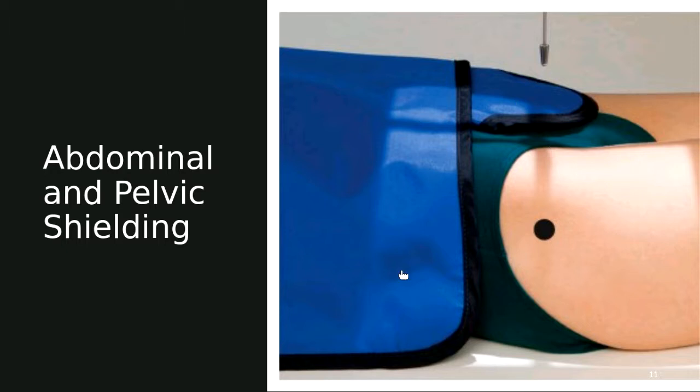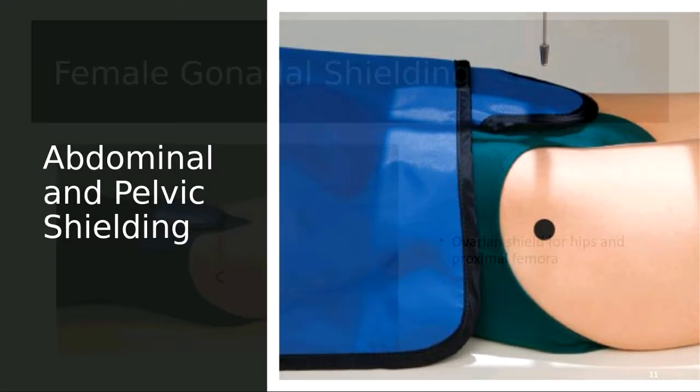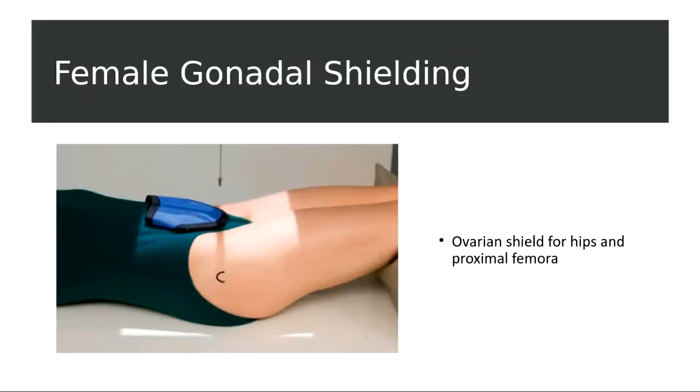This is designed to come down and cover the ovaries, and then they're attempting to shield the abdomen as well. They're going to show you this little ovarian shield for hips and proximal femur. Okay. This is also something, depending on the exam that they order, that you could use.